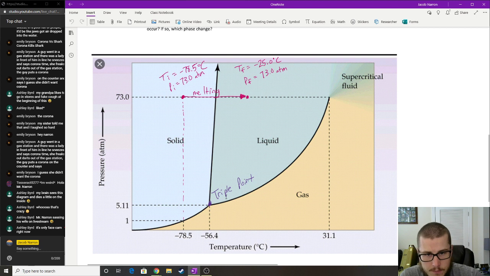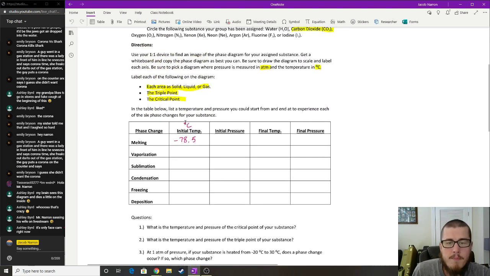So all I'm going to do now is I'm going to take those numbers and put them in my table. So melting, initial temperature, negative 78.5. I'm going to go ahead and put degrees Celsius right here, so I don't have to write it 1,000 times. Pressure, it's always going to be atmospheres. That's always going to be degrees Celsius. So there we go.